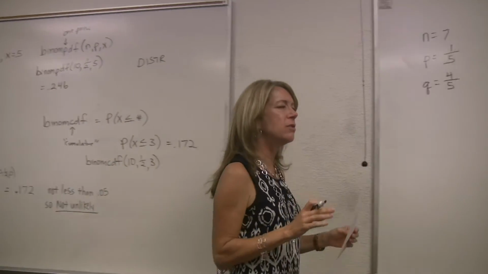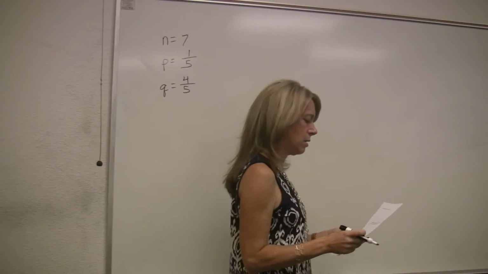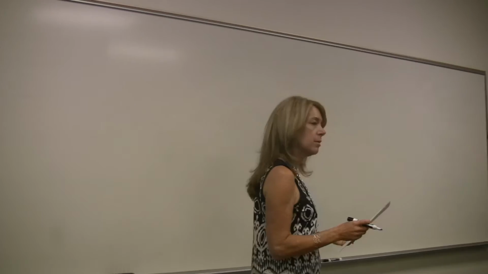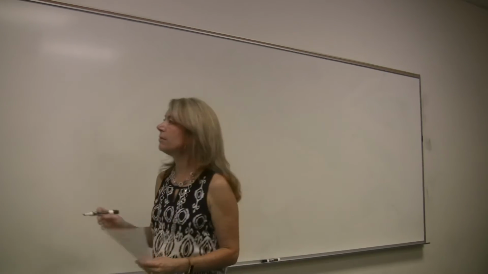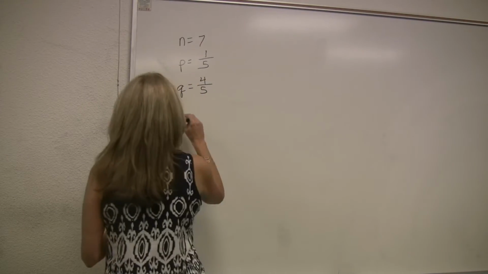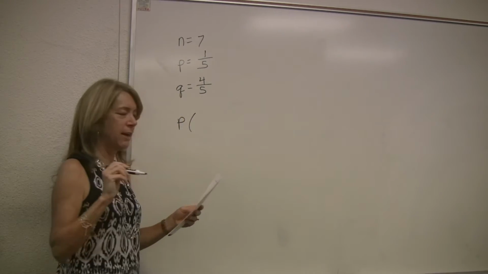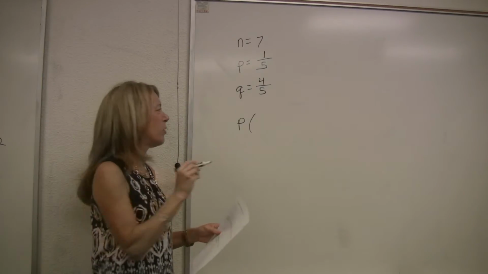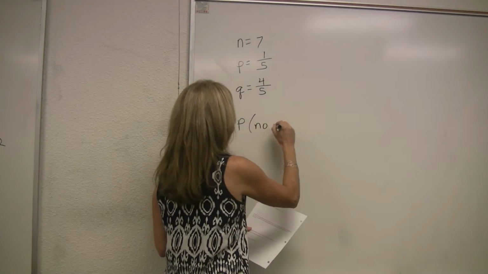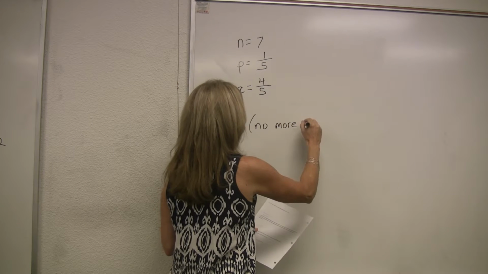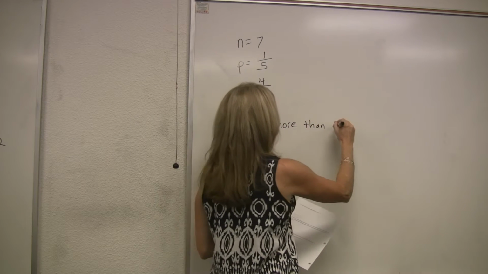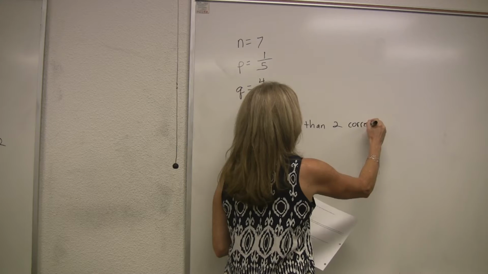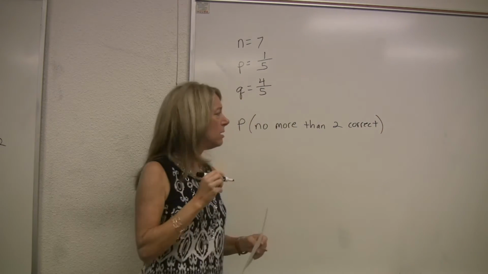And what is this question asking us to find? The probability that the student guesses correctly on 2 or more? Does it say 2 or more? Careful. No more than 2. What does that mean?